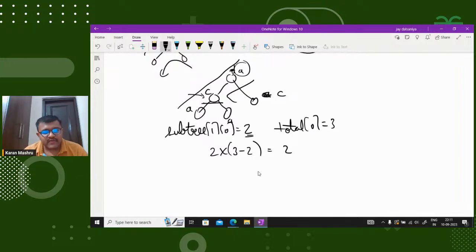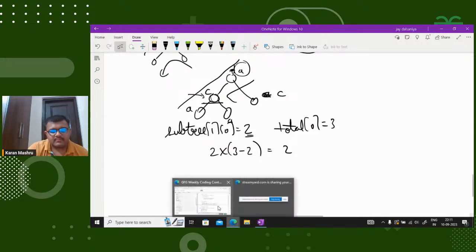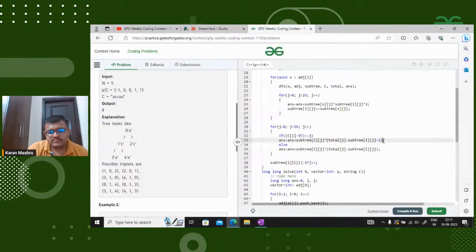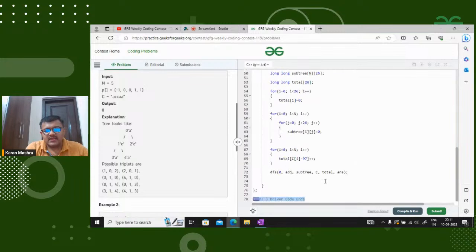But should we consider the reverse also? Because if this is considered as the center part, yes, then that will also be multiplied by 2, right? So this will be multiplied by 2 and this should also be multiplied by 2, and this should give us the answer. So let us return the answer.